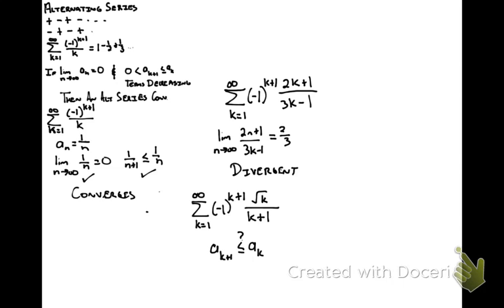But a way to consider it is that there is a function in terms of x that would be the square root of x over x plus 1. And that function has a derivative. Its derivative is negative x minus 1 over 2 times the square root of x times x plus 1 squared.